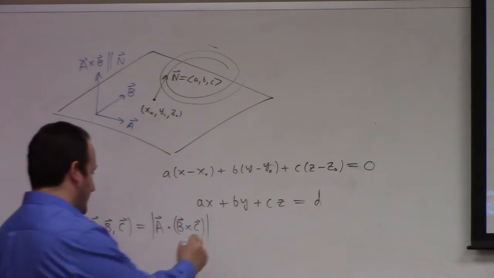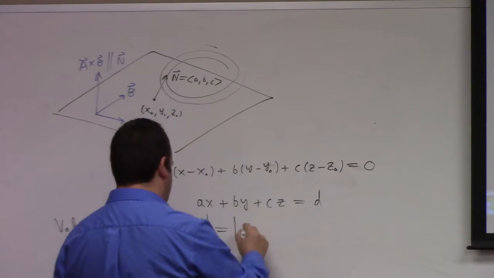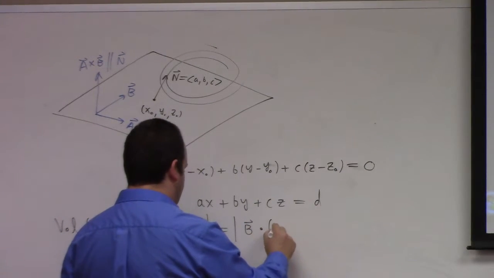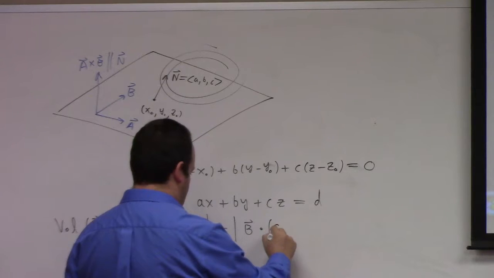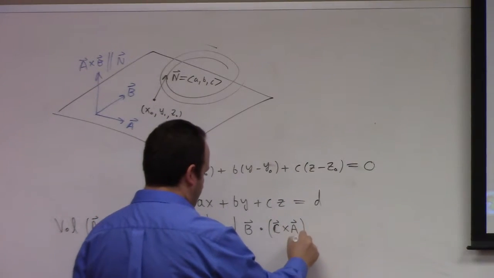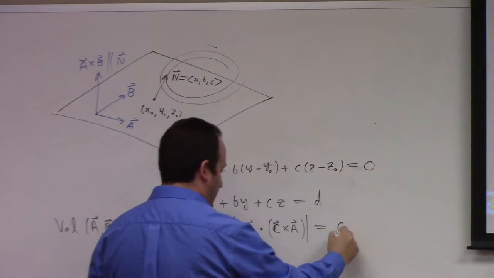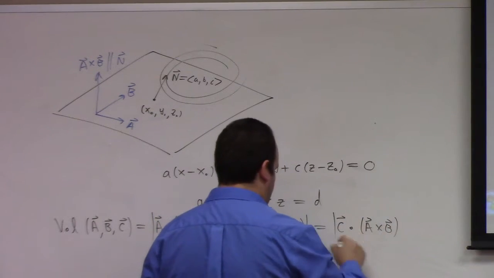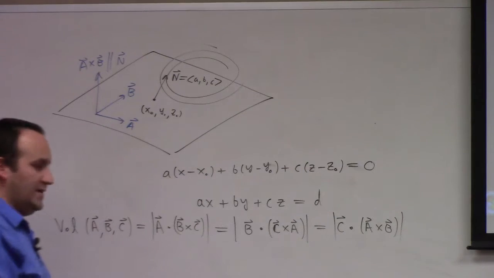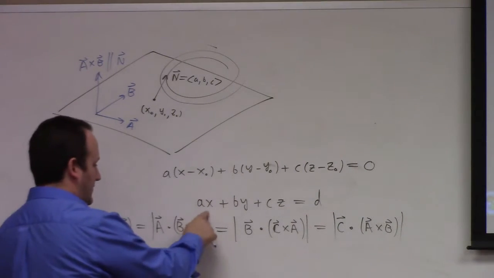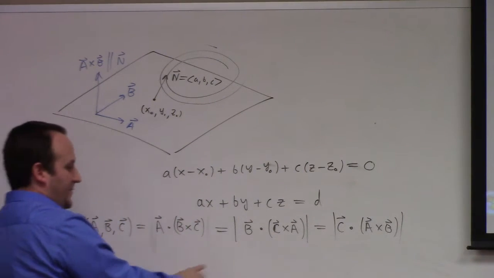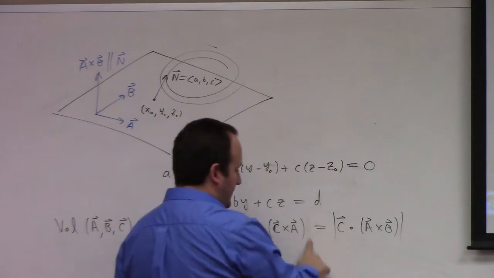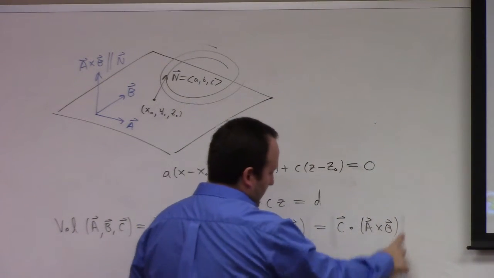Good news. The cyclic property of the triple product says that this is equal to B dot C cross A, which is equal to C dot A cross B. So, in fact, I can erase the absolute values here, and that's an identity, the cyclic property of the triple product.